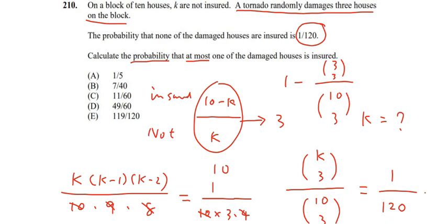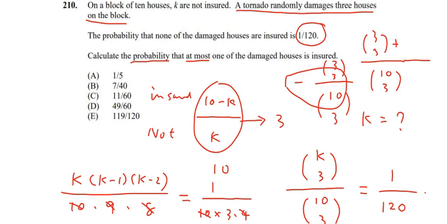Oh, maybe I'm sorry. At most one is just the number insured being 0 or 1. So 0 insured is 3 choose 3, and then plus 1 insured. 1 insured is from the not insured we pick 2, from insured pick 1.